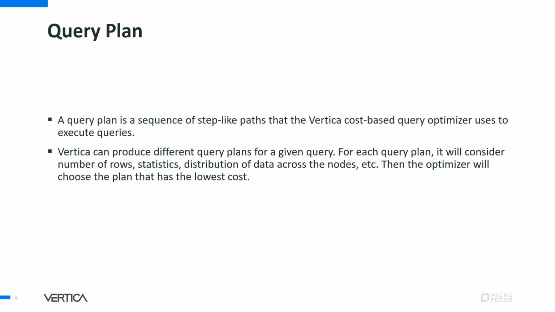A query plan is a sequence of step-like paths that the Vertica cost-based query optimizer uses to execute queries. Vertica can produce different query plans for a given query. For each query plan, the query optimizer evaluates the data to be queried: number of rows, columns, statistics such as number of distinct values, and distribution of data across nodes.